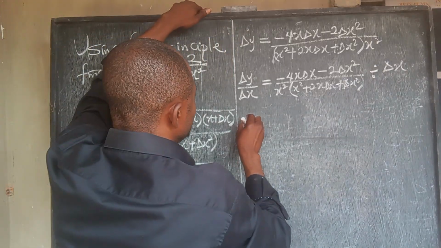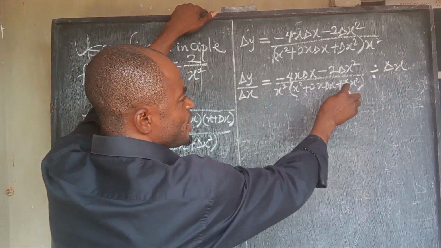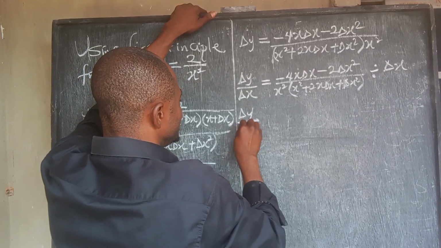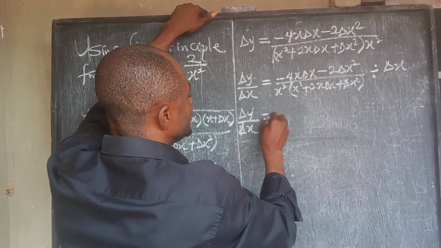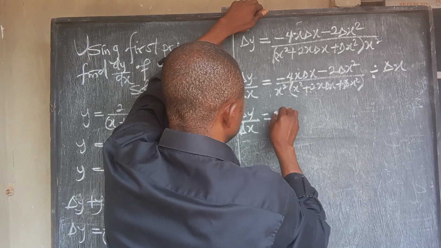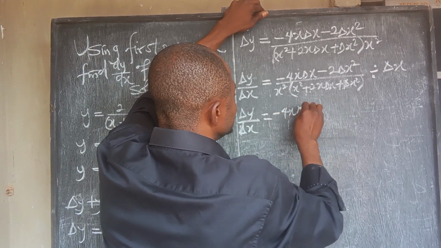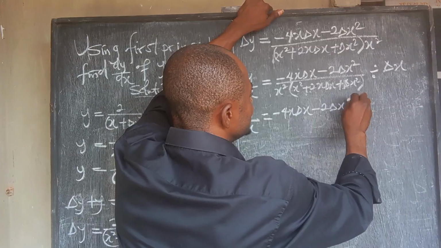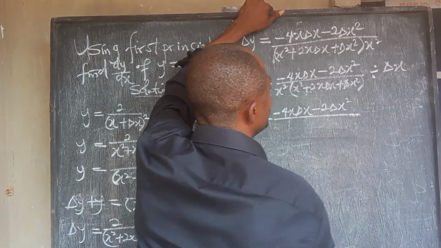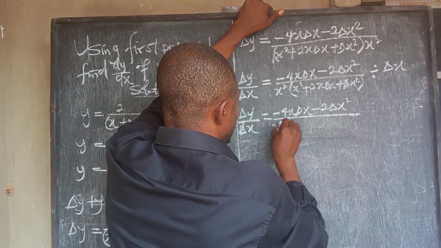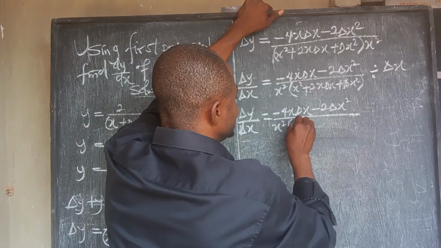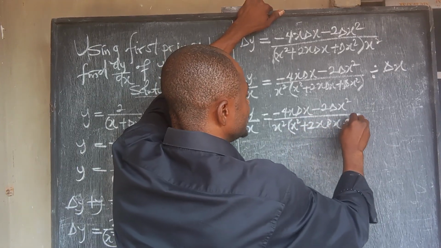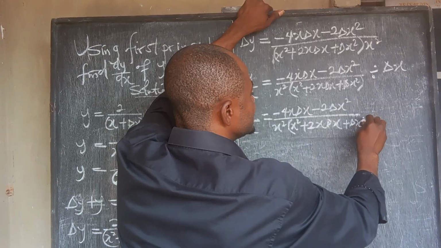Ìgbà tí mo ti divide, màá repeat ohun tó wà níbẹ̀. Then we have minus 4x change in x, àbí minus 2 change in x square, then everything all over x square into bracket x square plus 2x change in x plus change in x square.